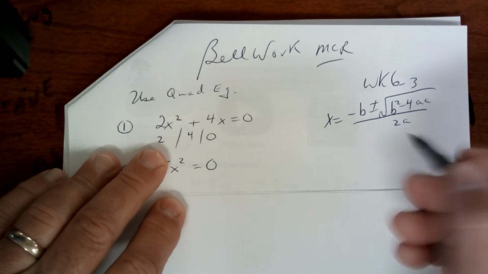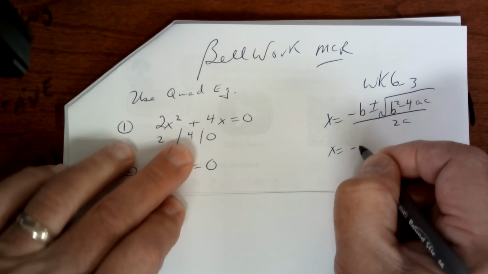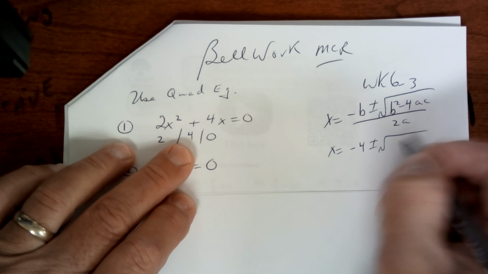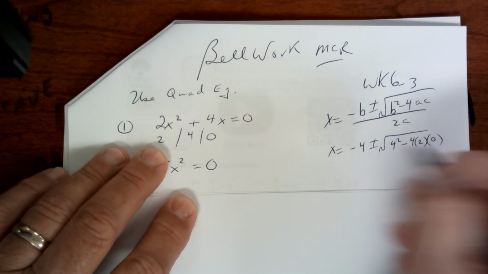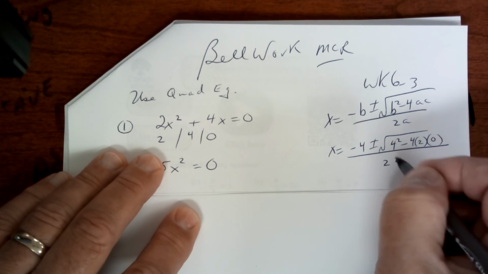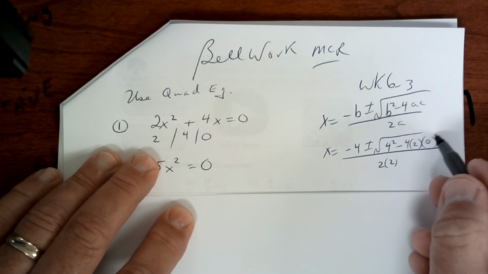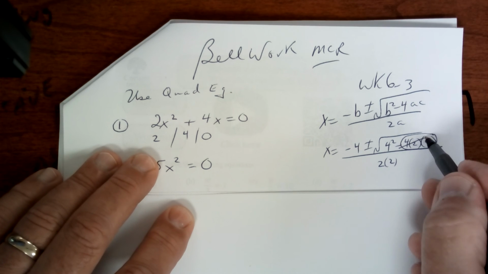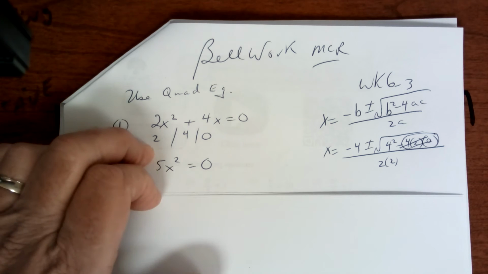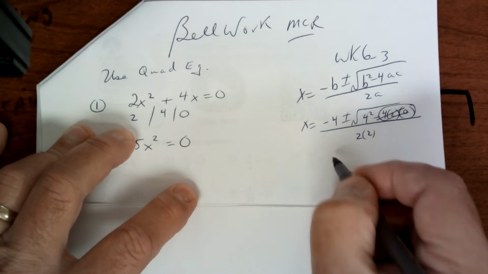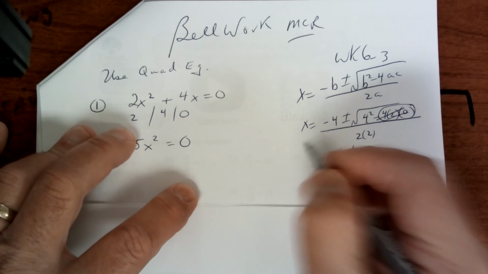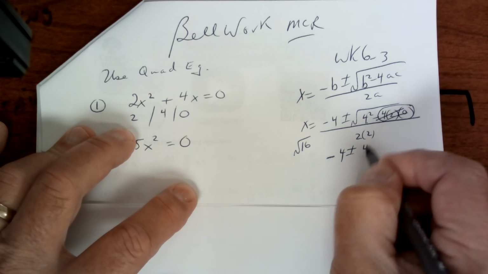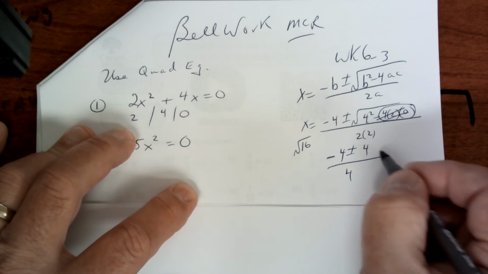So this right here is going to cancel out because anything times 0 is 0. So you're going to get -4 plus or minus, this is 16, so that's the square root of 16, which equals 4, and then divide it by 4.